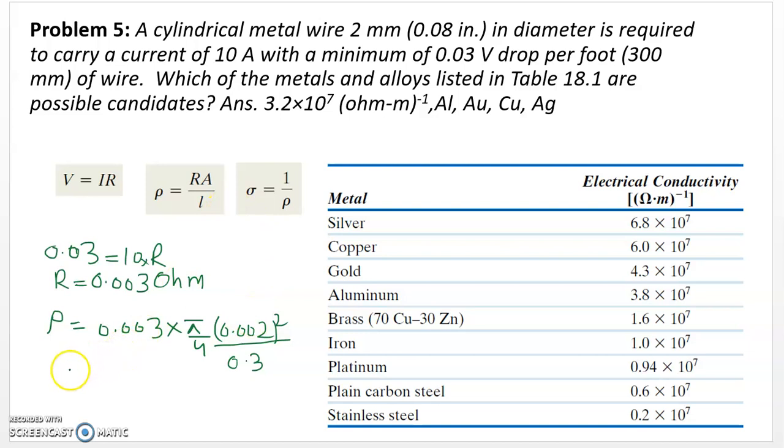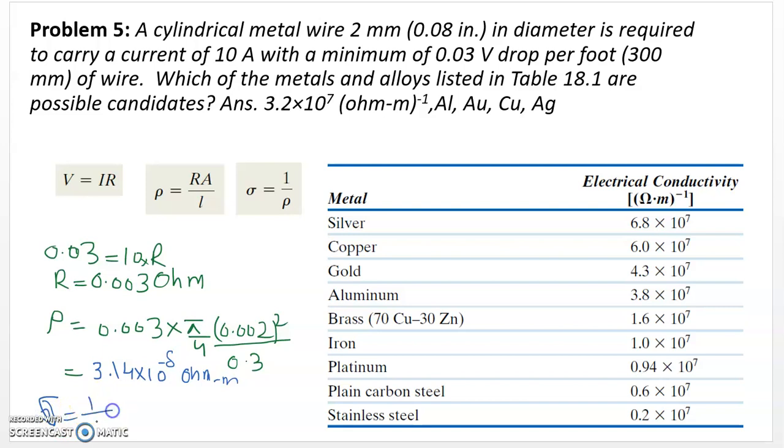This gives us the resistivity value, which is 3.14 into 10 to the power minus 8 ohm meter.